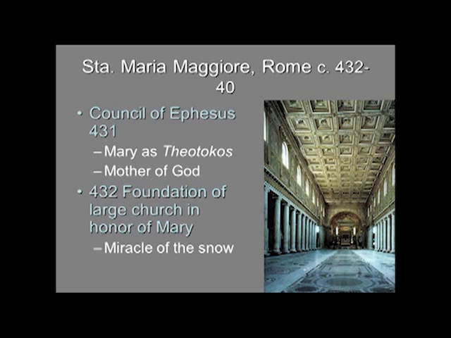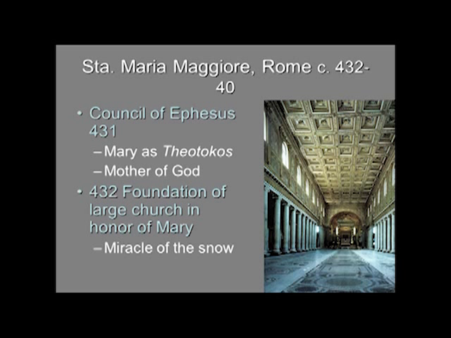But at any rate, the question that they were dealing with at the Council of Ephesus is Mary. And there was a view that was condemned, becomes a heresy, of Nestorianism, which said that Mary was not the Theotokos. Theotokos is the Greek word for God-bearer, or in Latin it would become the Mother of God.